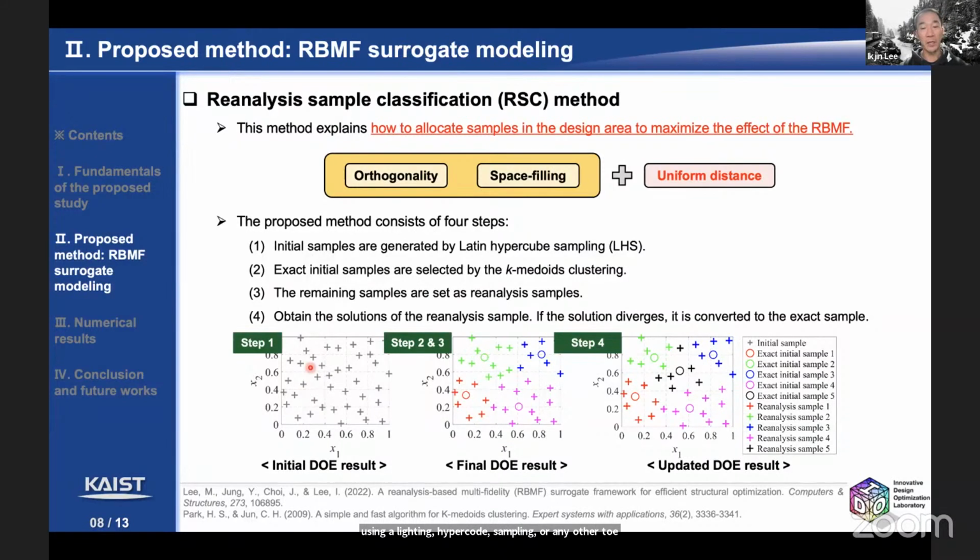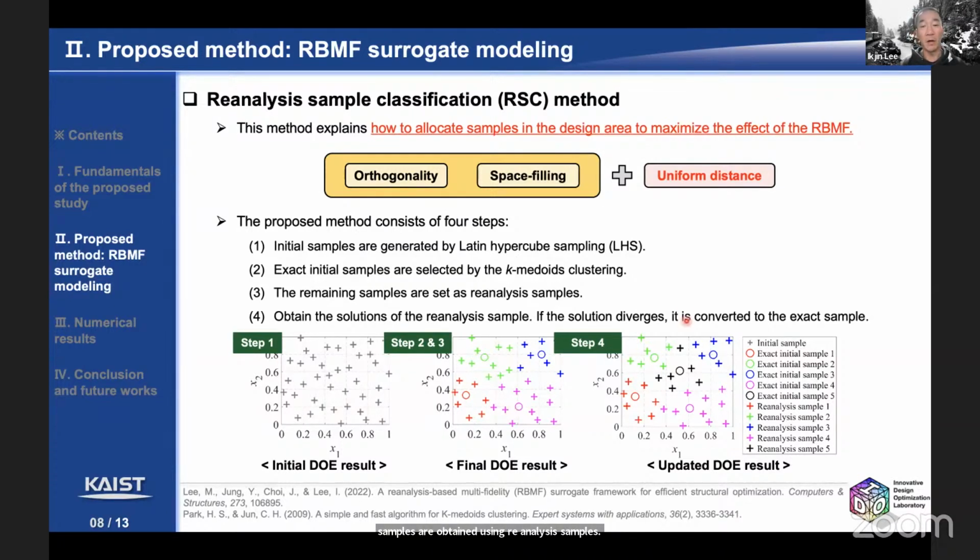Then if we need 4 exact samples, these samples are classified into 4 subregions. The center of each cluster can be treated as an exact sample. So we have 4 exact samples and 4 clusters, and the other samples are obtained using reanalysis.